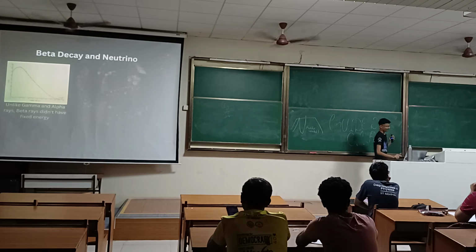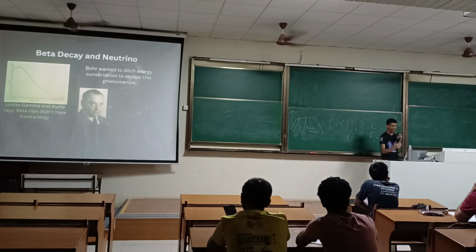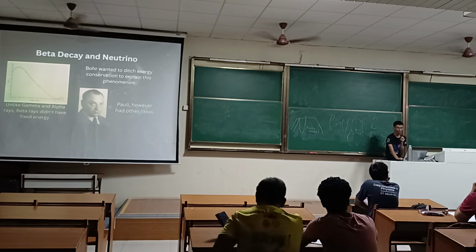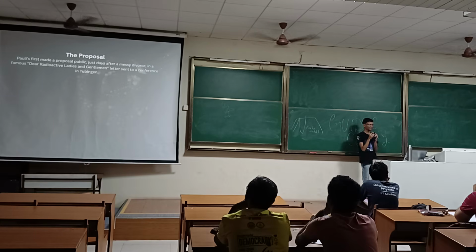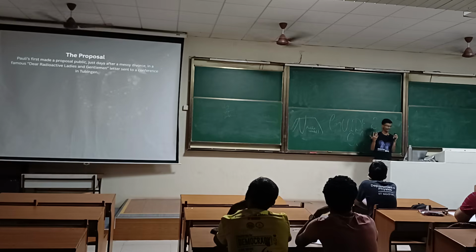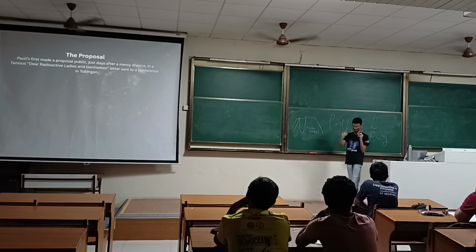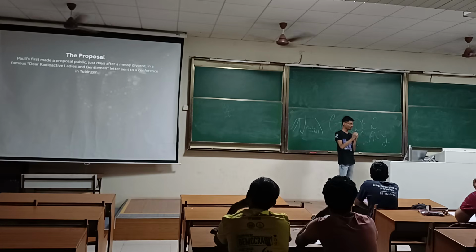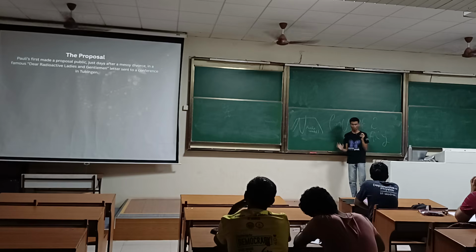So this was a problem, and Niels Bohr, being as courageous as he always was, wanted to ditch energy conservation to explain this phenomenon. But Wolfgang Pauli had different ideas. In a very famous letter that he wrote to a conference, which he titled "Dear Radioactive Ladies and Gentlemen," he suggested that in beta radiation, apart from the electron, there exists another neutral particle that we have not yet detected.